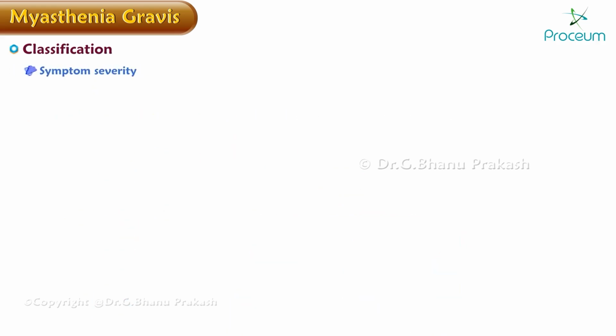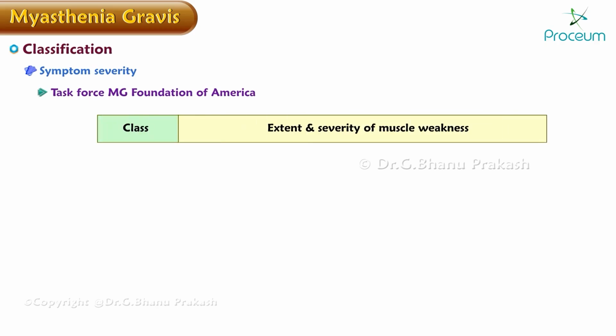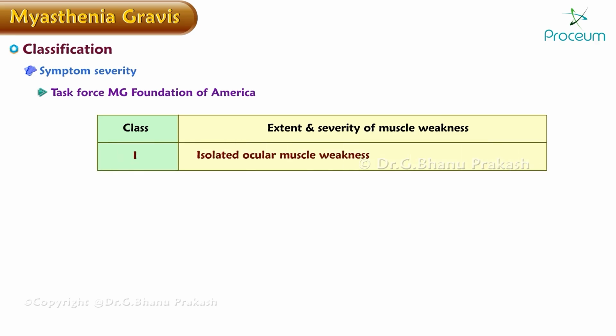Symptom severity. Myasthenia gravis may be categorized by symptom severity to guide treatment decisions. A widely used classification system from a task force of the Myasthenia Gravis Foundation of America stratifies patients by the extent and severity of muscle weakness. Class 1. Isolated ocular muscle weakness.